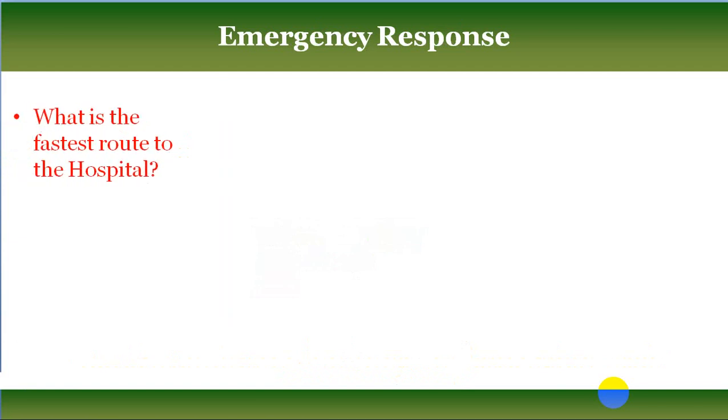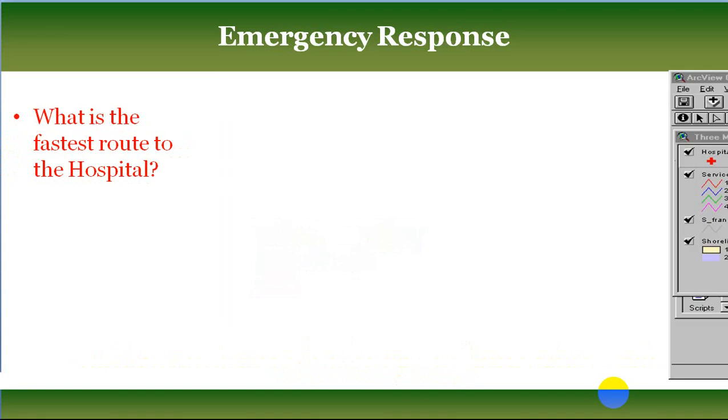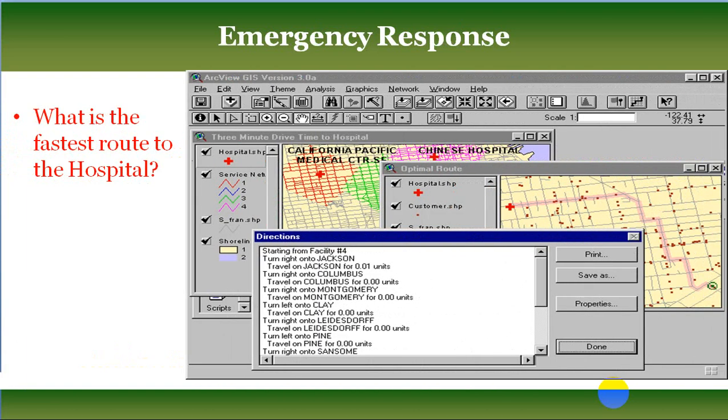For example, in the previous slide I showed you emergency response. What is the fastest route to the hospital? If an accident happens on any roadside, the first question should be where the nearest hospital is.